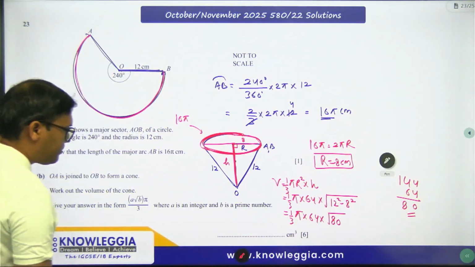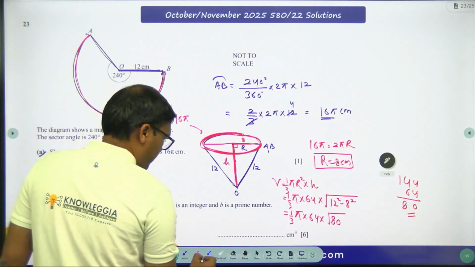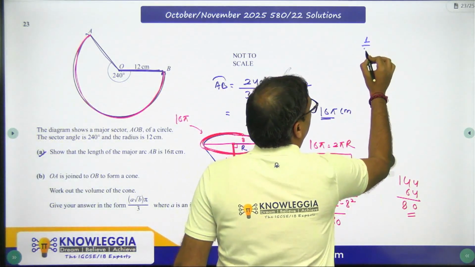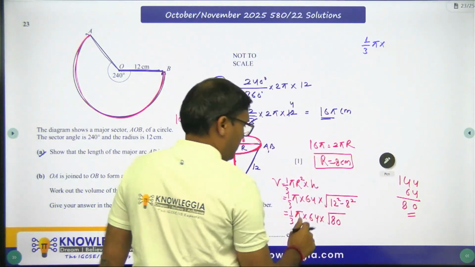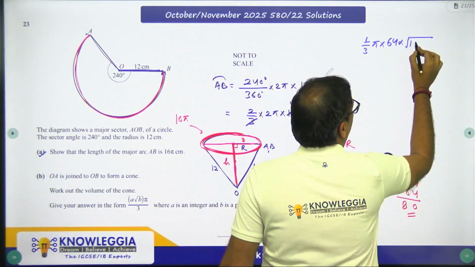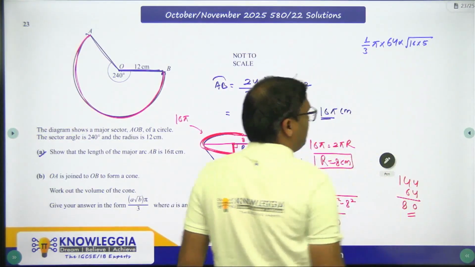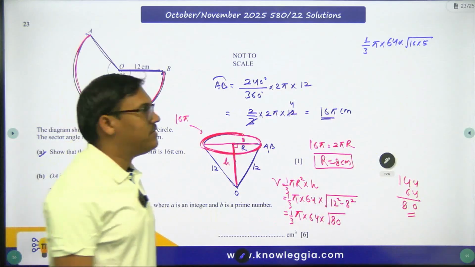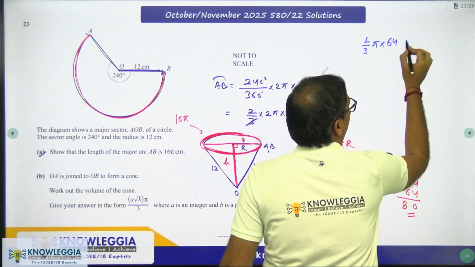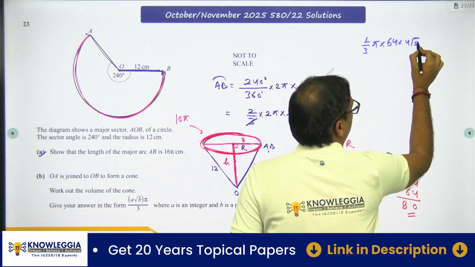So what I can do is, I'll write it here. This is 1 by 3 pi 64 into root 80, and 80 is 16 into 5. Root of 16 into 5 is basically 4 root 5.